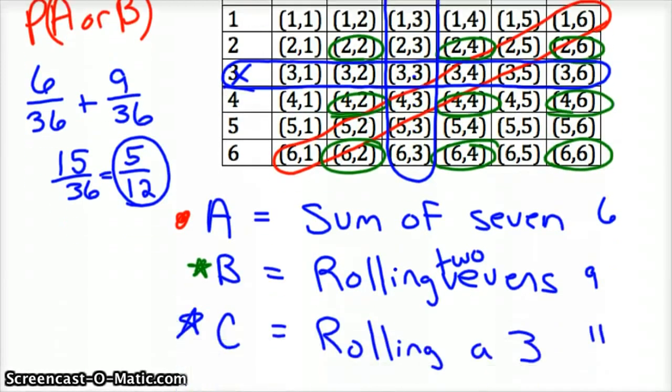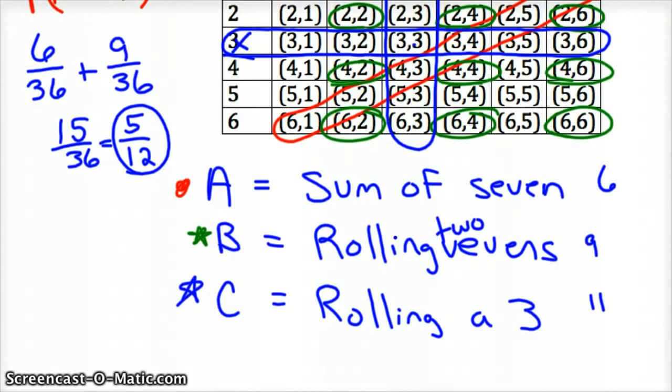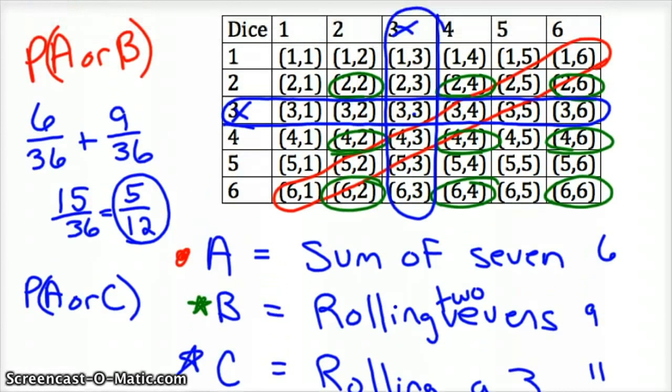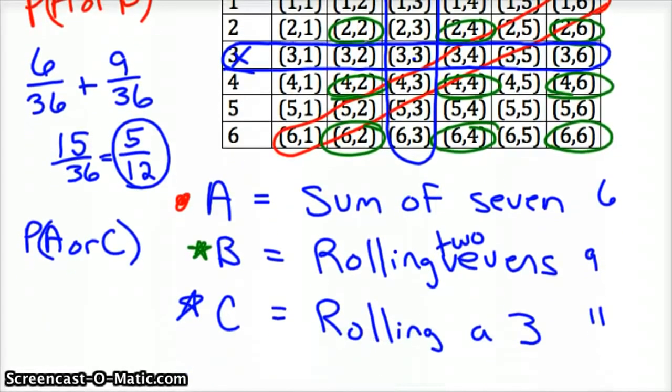Okay, so let's change it up and show one that's not mutually exclusive. So they overlap, let's say A and C. So the probability of A or C, excuse me, not the word and, that would mean multiplication. So the probability of A or C, in our case, probability of A is 6/36 plus the probability of C is 11/36 minus all the overlap.